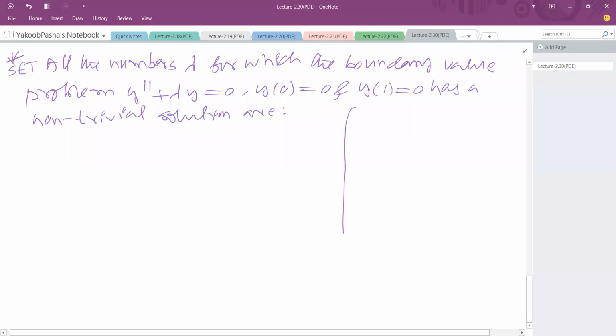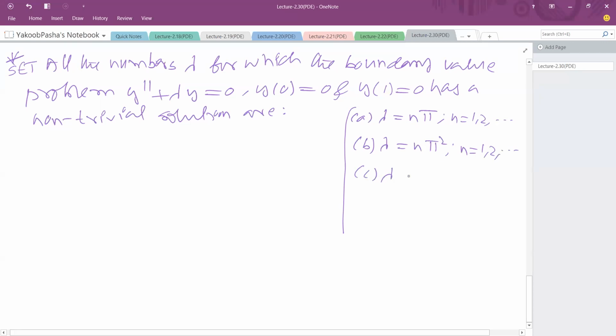We have options. First, option A, lambda is equal to n pi, n is equal to 1, 2, 3 and so on. Option B, lambda is equal to n pi square, n equal to 1, 2 and so on.